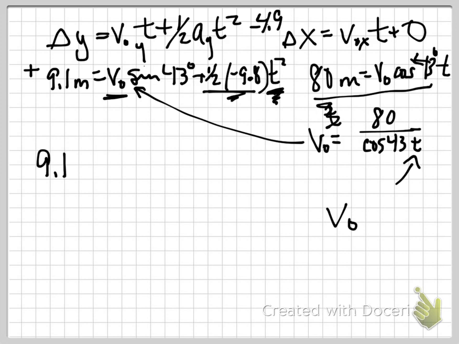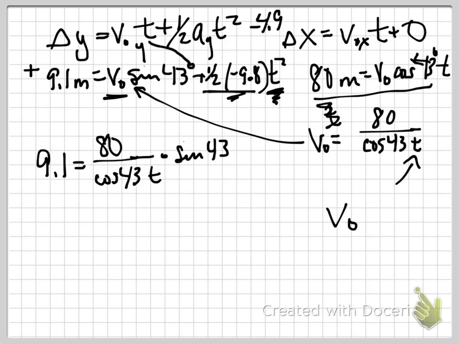So 9.1 equals 80, we undo that, cos 43 T times sine of 43. I just saw a mistake I made. I never multiplied by T here. So let me add that T. I missed that.